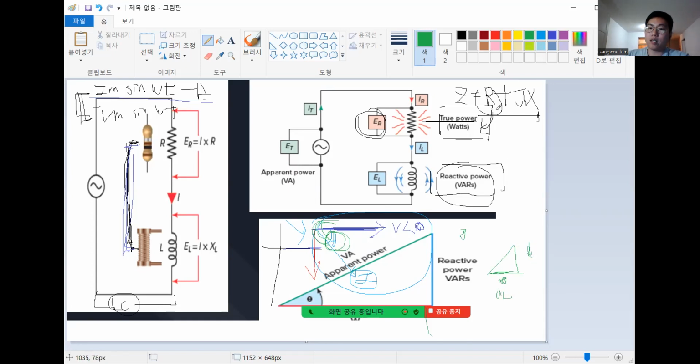So R is here, real power, and reactive power is here, right? So here is the zeta. This is the impedance angle, because this is impedance, R plus jX, right? So the impedance angle is also the power factor angle, the same angle.